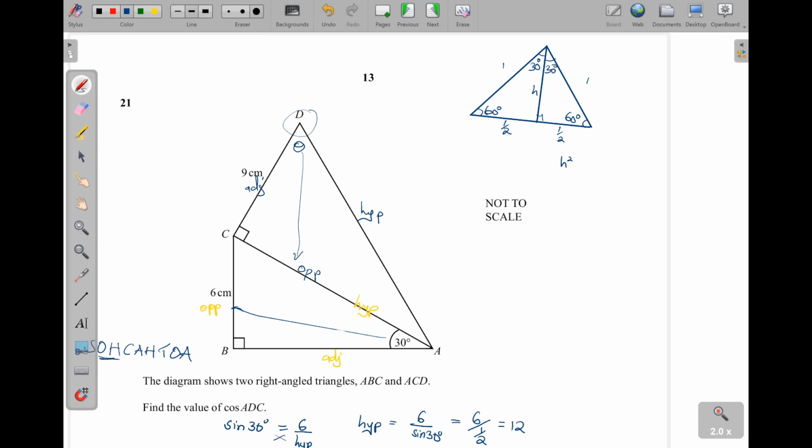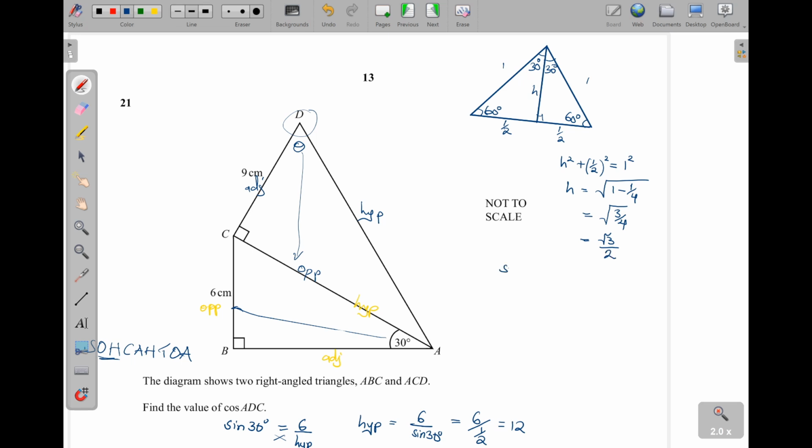So h squared plus a half squared is equal to 1 squared. That means h is the square root of 1 minus a quarter, which is 3 over 4. That means we have root of 3 over root of 4, which is 2.